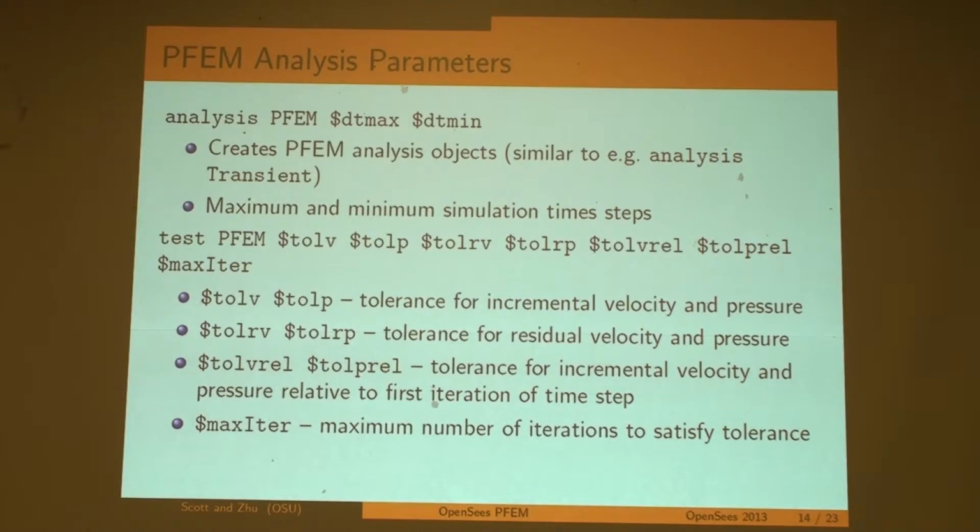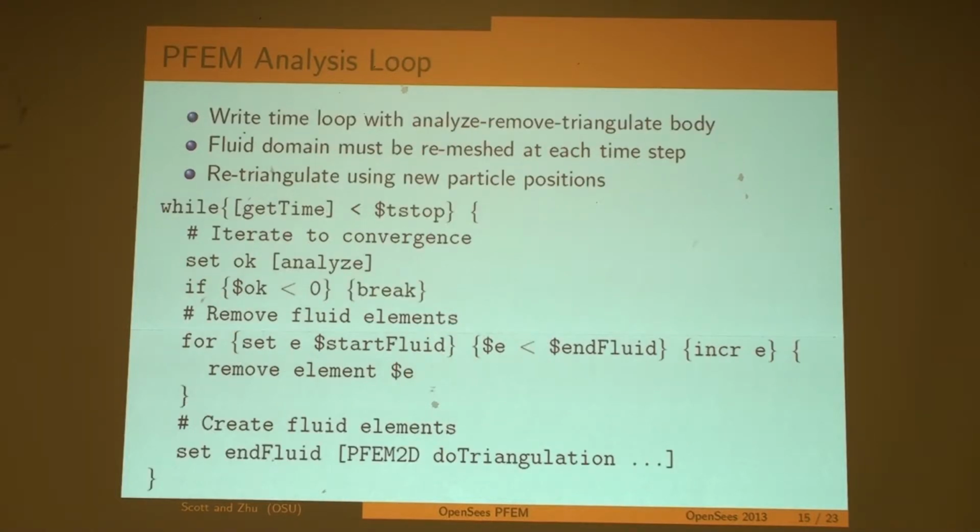So analysis, convergence test, same kind of setup as solving the wave equation. Then you have to write a loop to do the analysis. There's no nice analyze 100 steps, at least not yet.